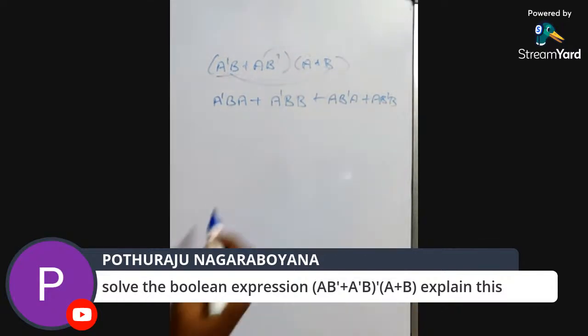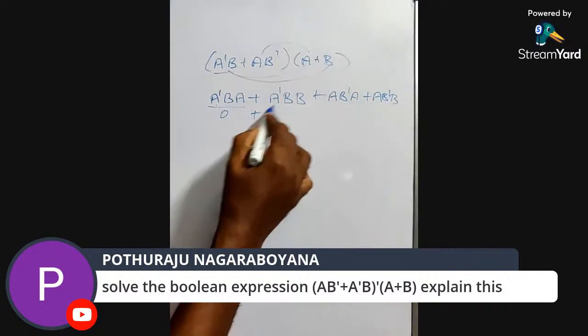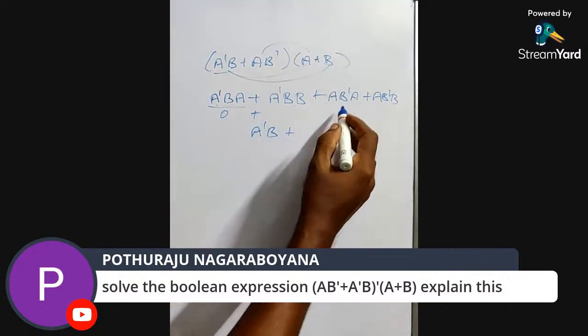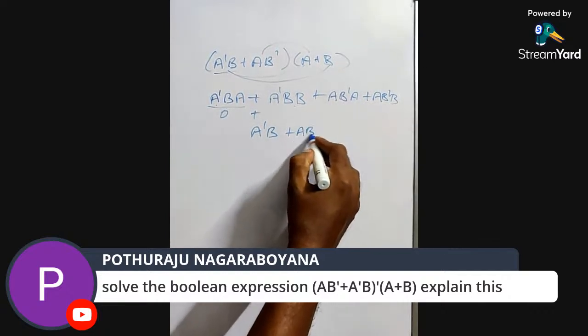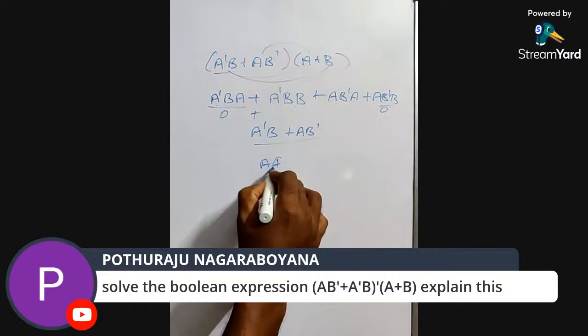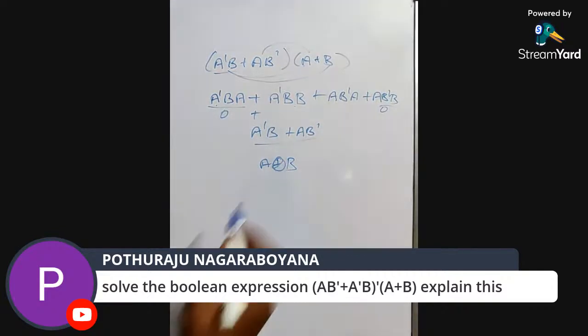Again here a dash and a will be 0. This is b into b, that is a dash b, plus again this a b dash, where this is again 0. So you are left with a XOR b. Okay, that is so simple, right? So basically you need to have that Boolean drawing.